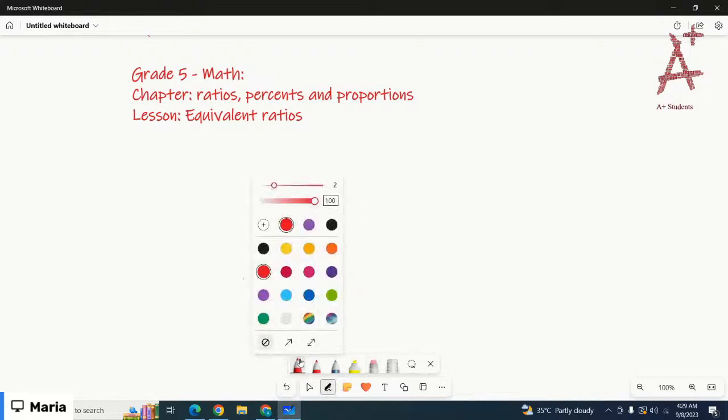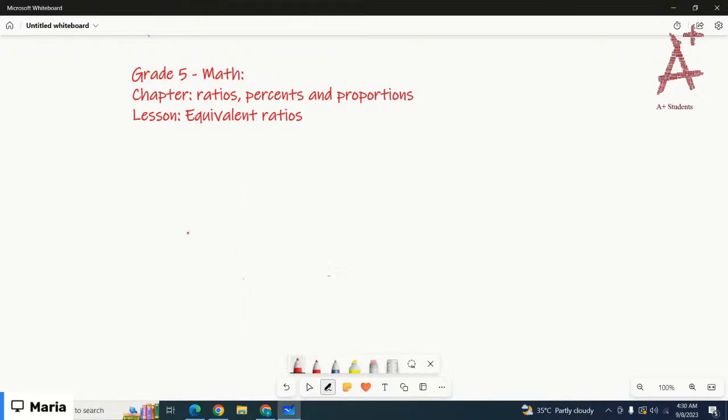The other example is 1 over 5 and 3 over 15. I think that's the one we just did. Leave it. Okay, the next one is 4 over 5 and 8 over 15, right? So are they equivalent? Yes or no?